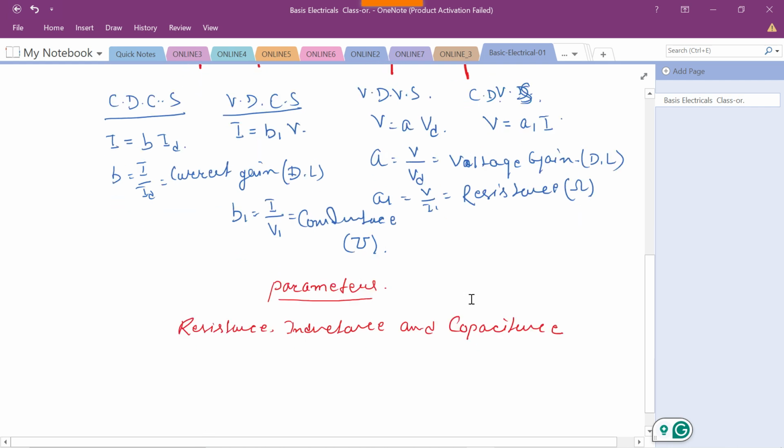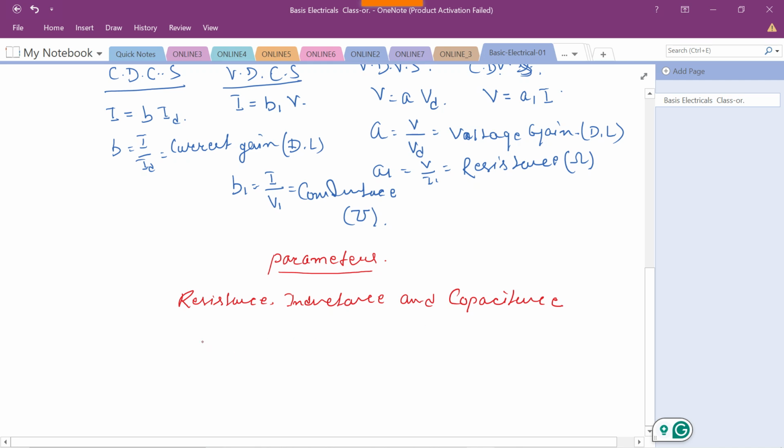This is the resistance and it is denoted by R and the unit is ohm. And this is the inductor, this is the coil, and it is represented by L and the unit is Henry.